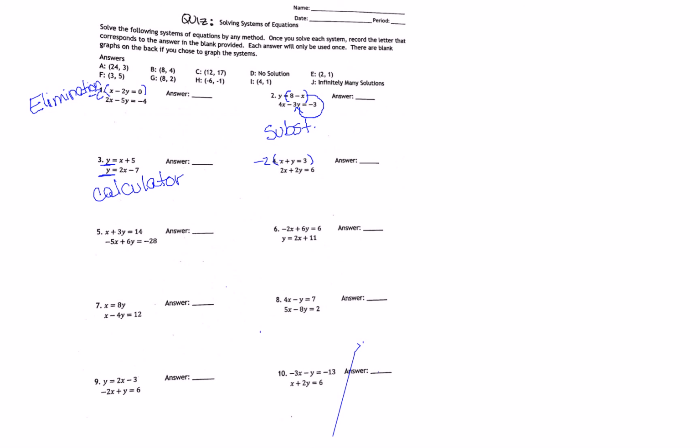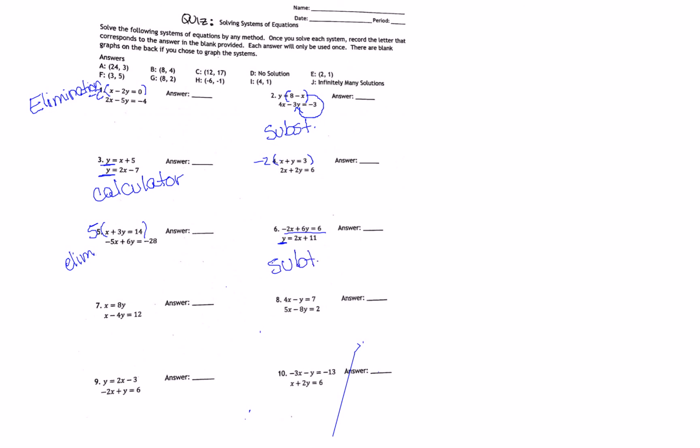This one, I have both in a standard form, so that's elimination. One more time, and you should multiply by +5, the one in the top, so you can get your x's eliminated. Here I have y equals and a standard form, so that's substitution.